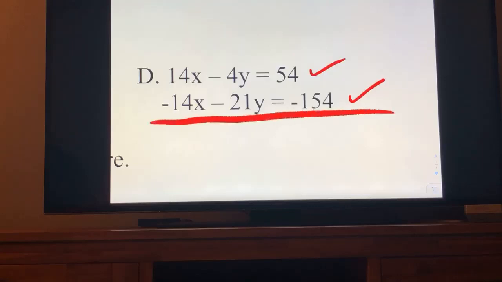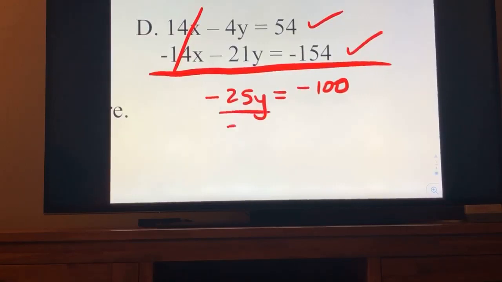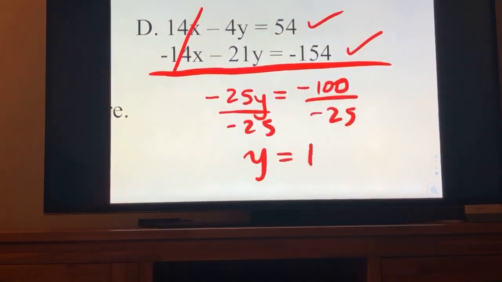which you were asked to do in the next step, we would add these two equations together. Our x's would cancel. We'd get -25y equals -100. Divide by -25, and we get y equals 4.